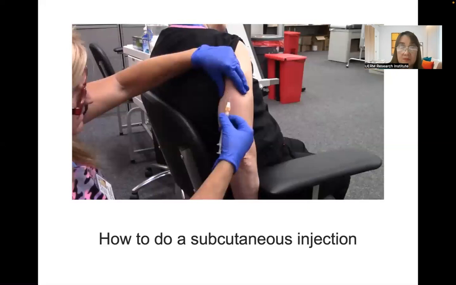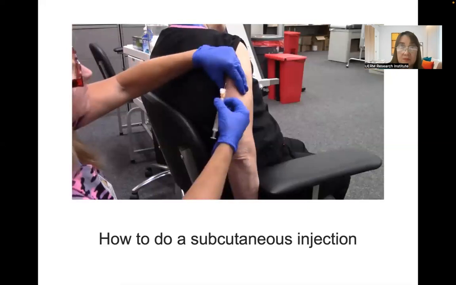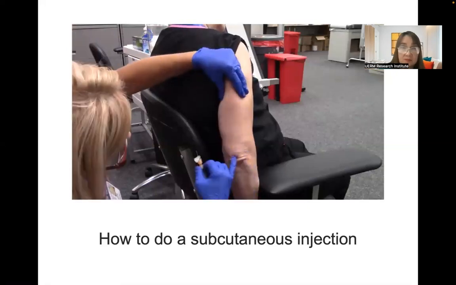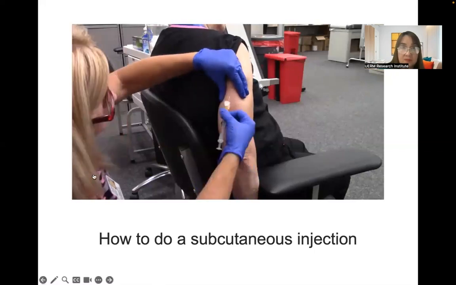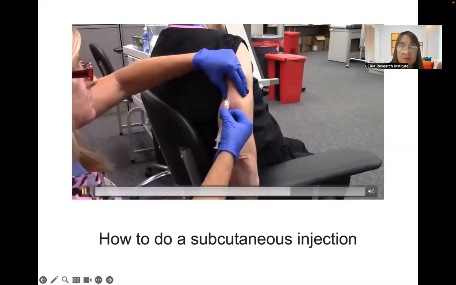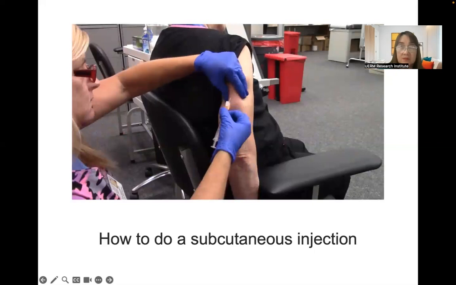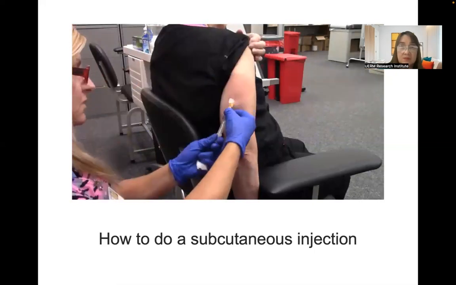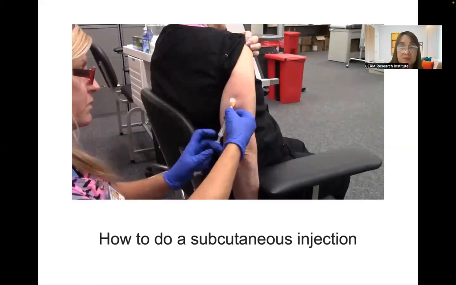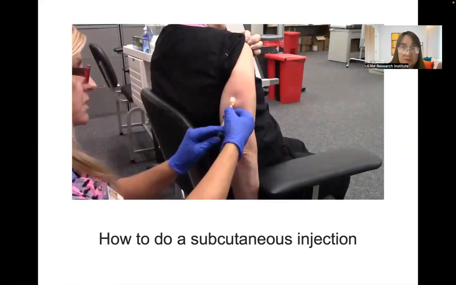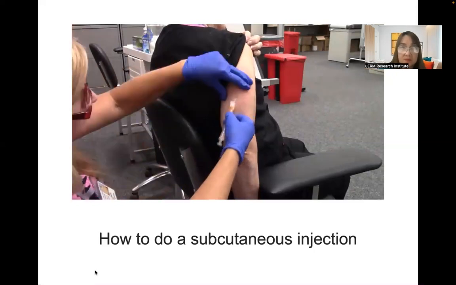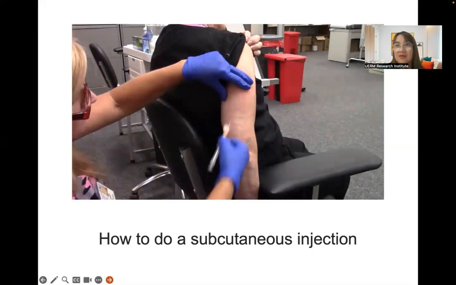Make sure their arm is relaxed. The bevel is up. Double check again. Pinch about an inch. Aspirate. You don't have to, but we're just going to do it. Okay. We're going to measure.